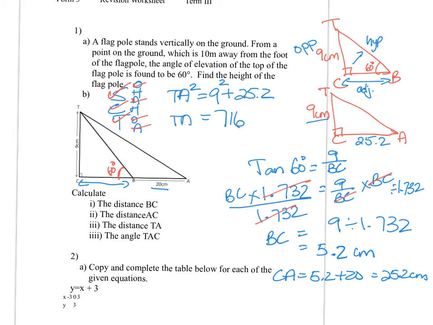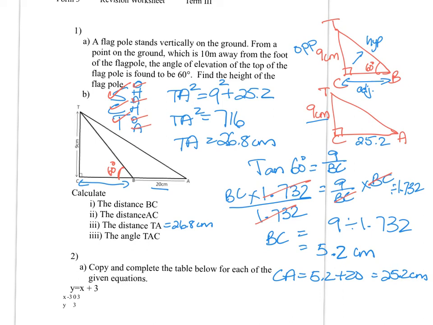But that is TA squared, so we take the square root and get that TA is 26.8 centimeters.